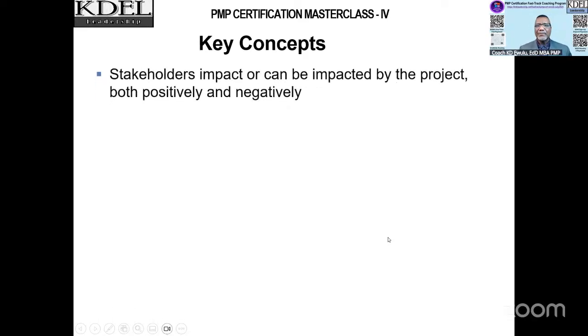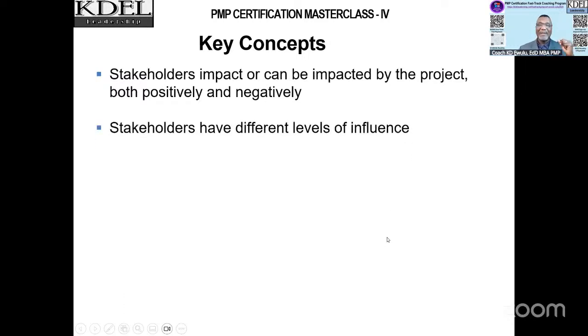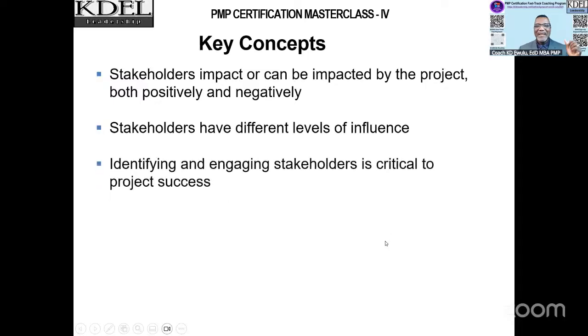Again, a few key concepts that we have here include stakeholders impact or can be impacted by the project both positively and negatively. I've said that before. Stakeholders have different levels of influence. Identifying and engaging them is critical to the success of the project.